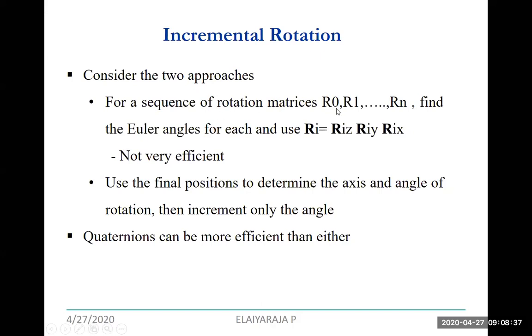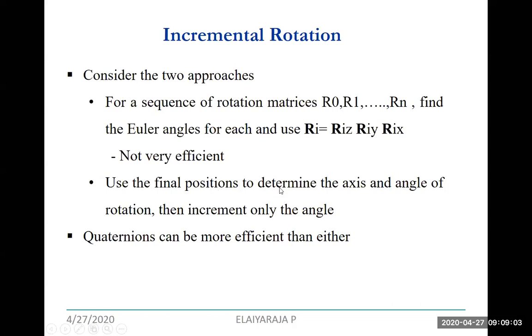For a sequence of rotation matrices, rotation 1, rotation 2, up to rotation n, find the Euler angles for each and use the incremental rotation with respect to each and every axis. It may not be very efficient. So what is the second approach?